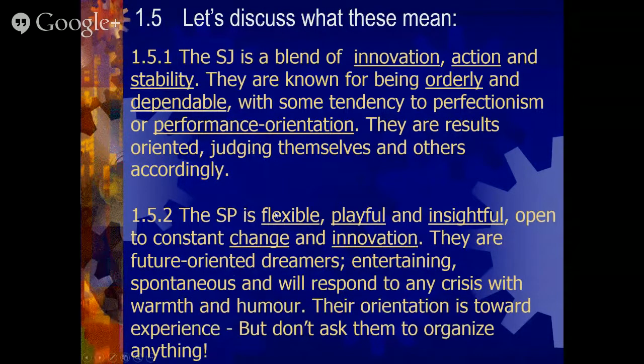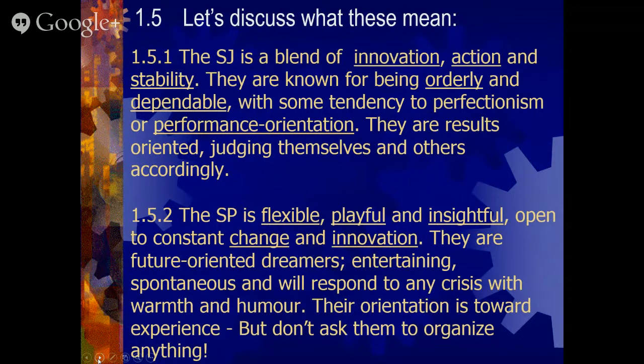The SP, on the other hand, is a flexible, playful, and insightful person. They're open to constant change and innovation. They're future-oriented dreamers. They're entertaining, spontaneous, and will respond to crises with warmth and humor. Their orientation is toward experience, but they are probably the least organized people in the outfit.